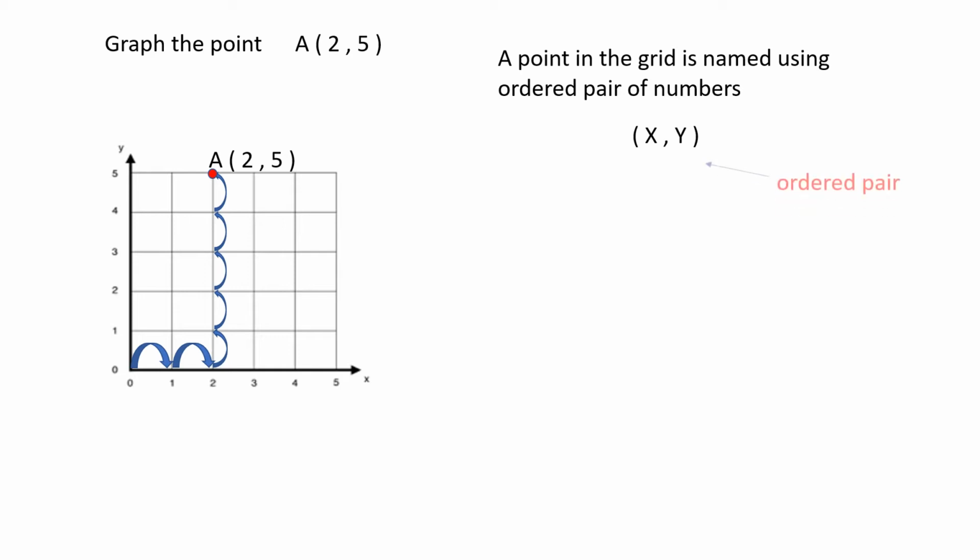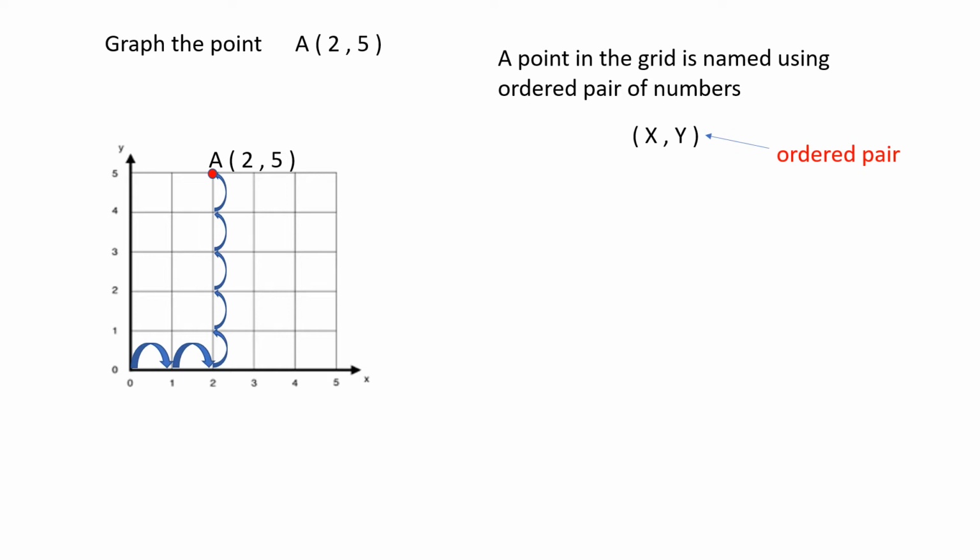The parentheses with x and y, or two numbers inside, are called an ordered pair of numbers. x refers to the horizontal line and y refers to the vertical line.